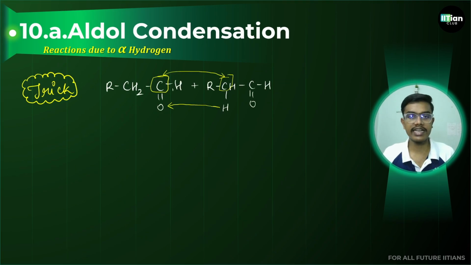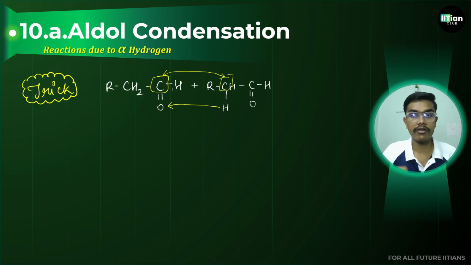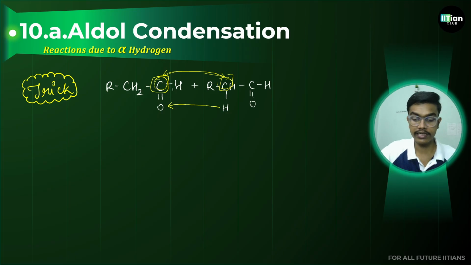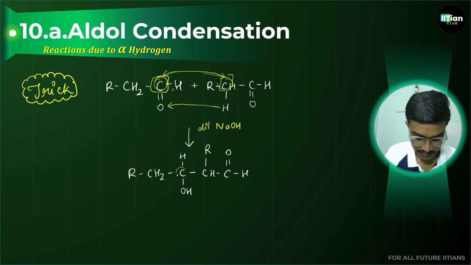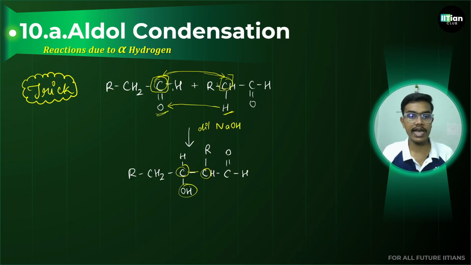But before that, we have a trick to write aldol condensation when simple reactants are given. You can see there are two aldehydes written over there, and the alpha hydrogen carbon and the carbonyl group carbon attach to each other. The hydrogen and O combine to form OH, an alcohol, in the presence of dilute NaOH.